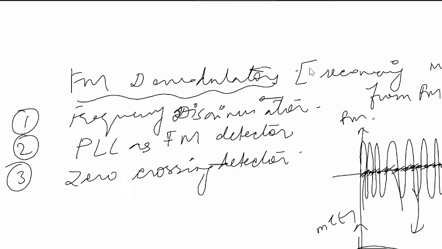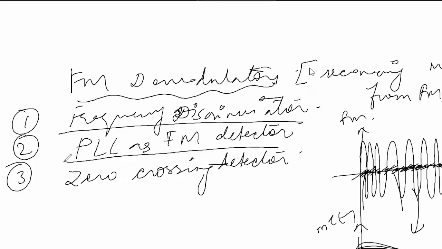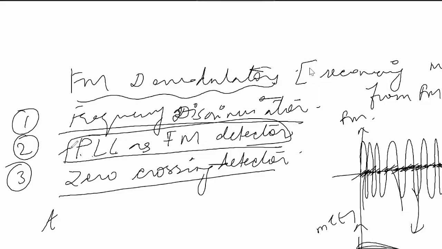So there are three ways by which we can recover this message signal from the frequency variations. One is called the frequency discriminator, another is called PLL as FM detector, which uses a phase locked loop IC, and third is called the zero crossing detector. In the lab, in the trainer kit that we have, you are using PLL as FM detector, where there is a PLL IC 565, and you have already seen the block diagram of the PLL IC in ACT.